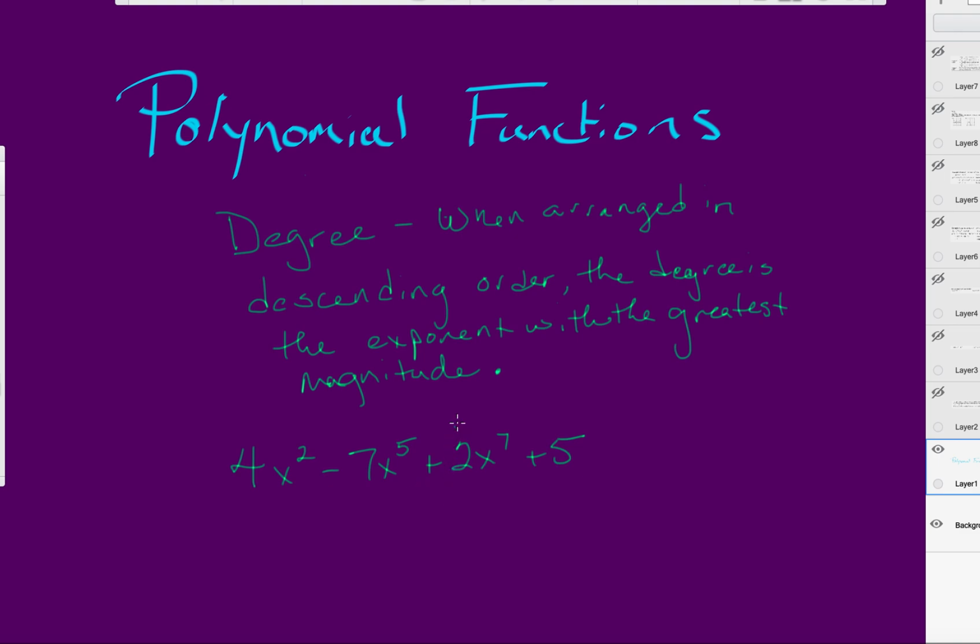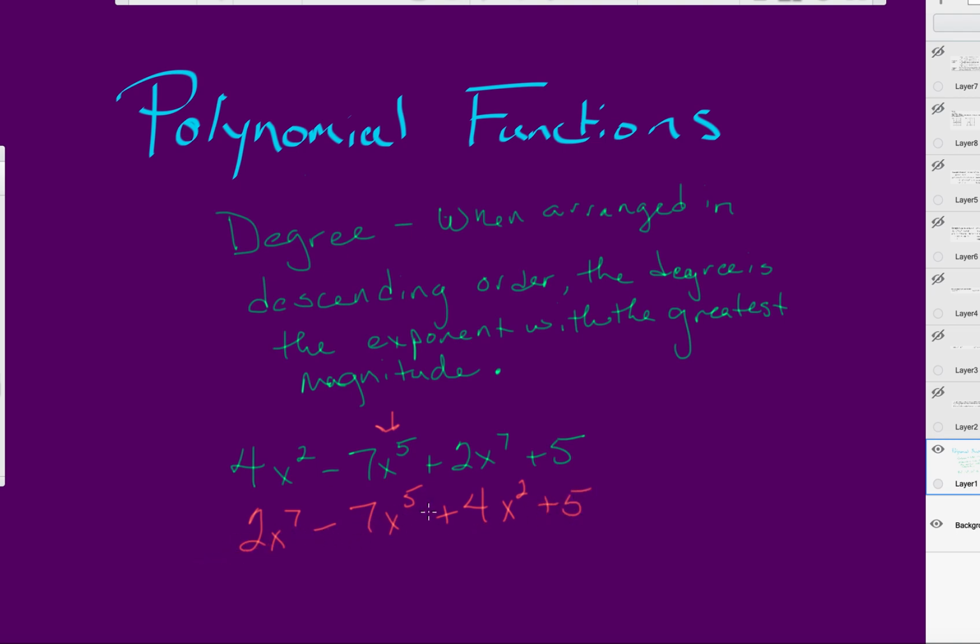So I put this up first, and we'll put our 2x to the 7th up front. We'll subtract from it. This is the second, so 7x to the 5th. X squared comes next, so plus 4x squared, and then we'll just put the constant on the end.